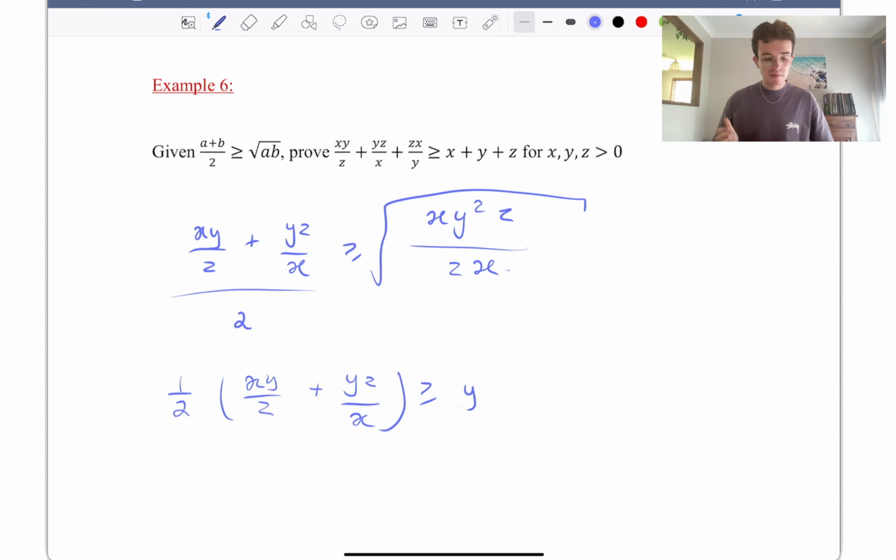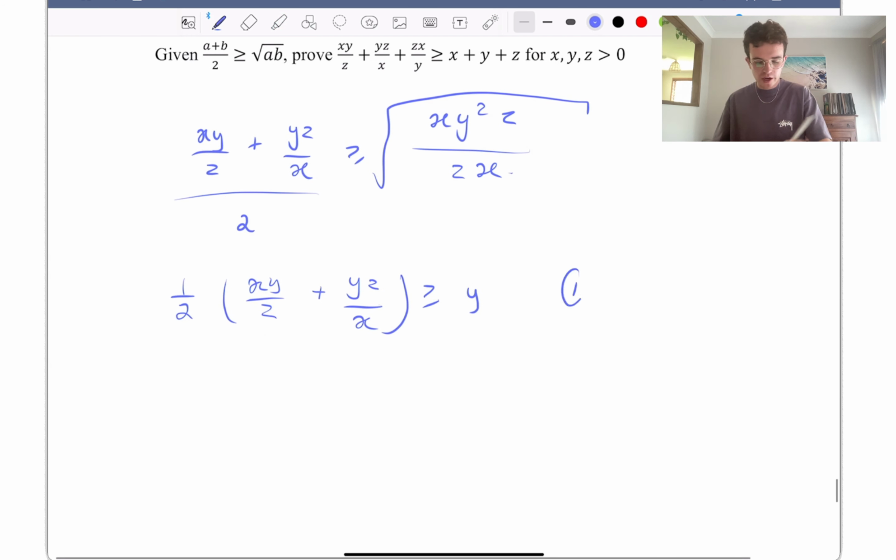Now, I've only substituted in 2 out of 3 of these, which is a problem because we've got 3 of them. So what we're going to do here is we're going to substitute 2 out of 3, but there's many combinations of this that we can do. So I've substituted in this one and this one, but we also need to substitute in separately this one, and also that one and that one. Now if you do that, we might call this equation 1.